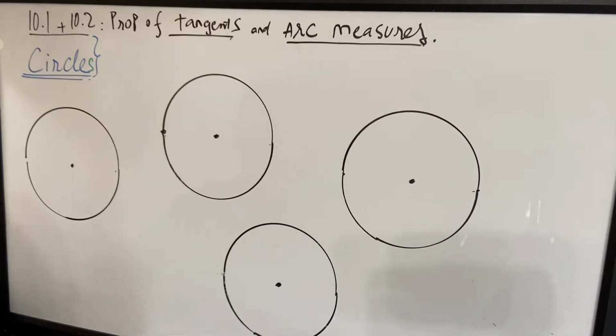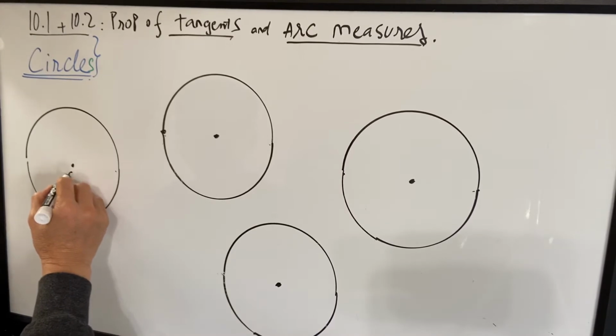Okay, so let's look at the vocabulary of a circle, and then we'll look at the nature and the properties of circle as well. To have a perfect circle, you must have a center.